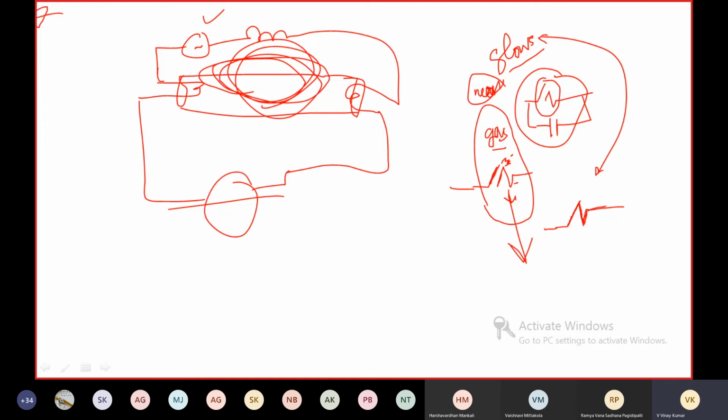Now the circuit is closed. When the circuit is closed, current will flow through this path because there is no spark between the two electrodes. This bulb gets turned off because of no heat energy.